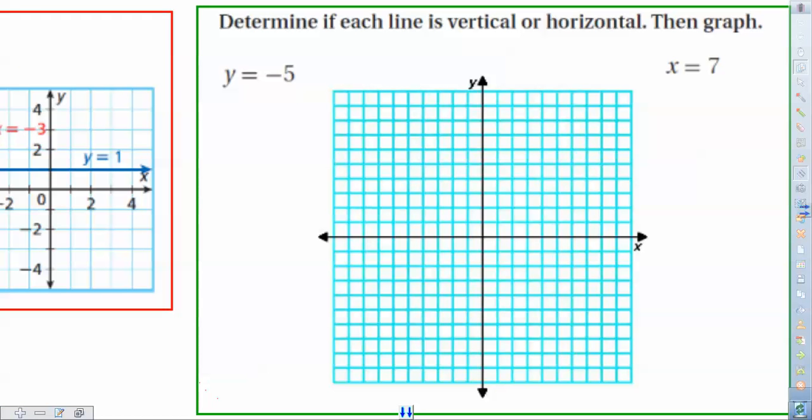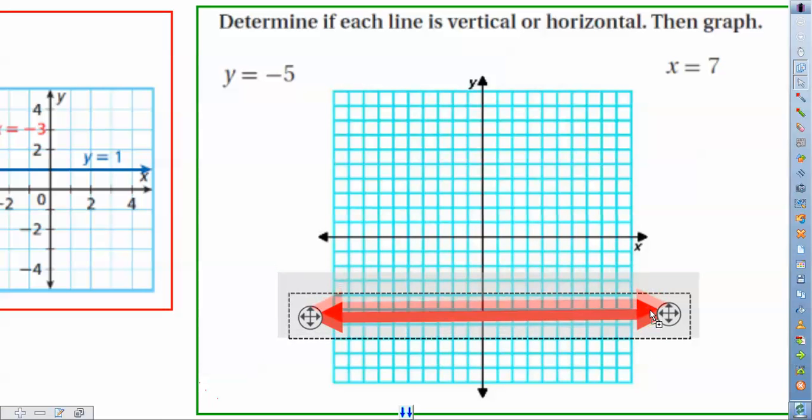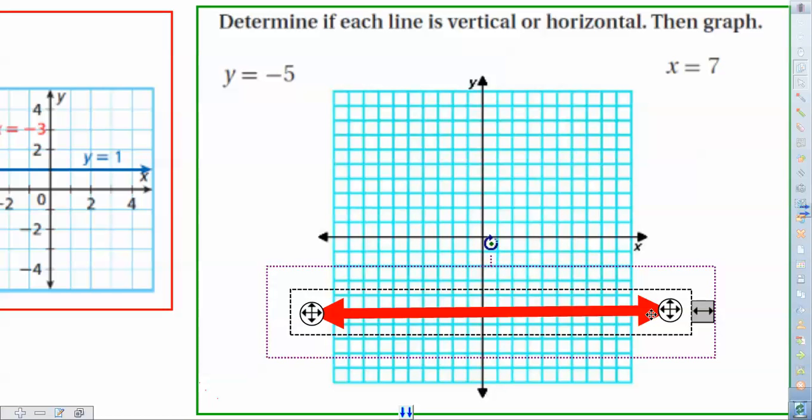Looking at the example down here in the bottom right of the note sheet, if I had to graph the line y equals -5, that means I need a horizontal line, where I want all the y-coordinates to be -5. I probably could have done a better job with that line, right? Let's move this up a little bit. That's better.